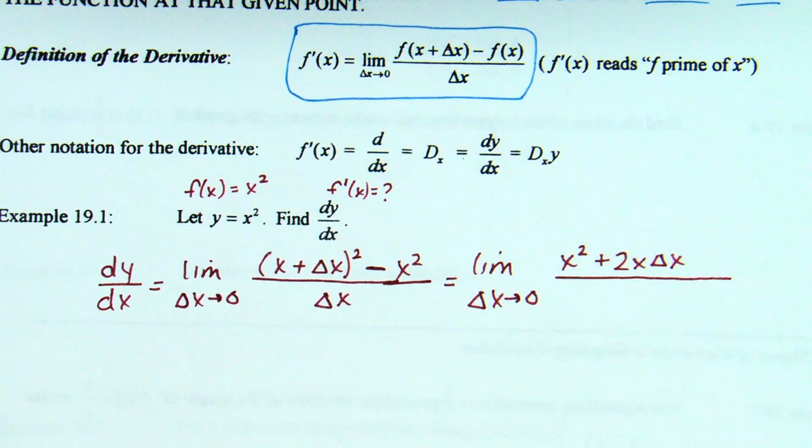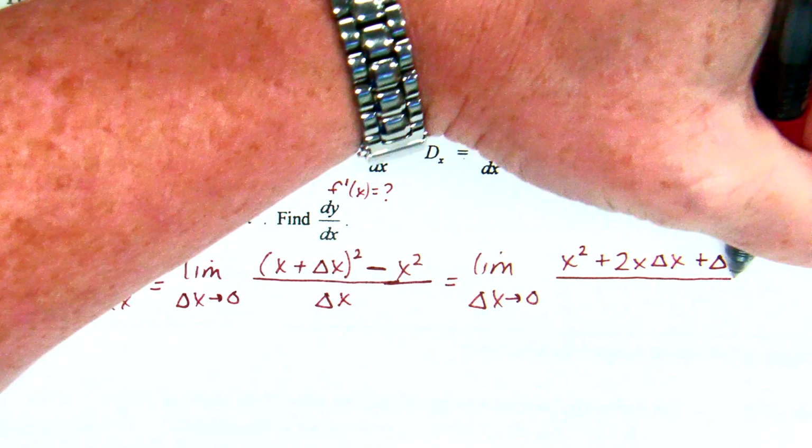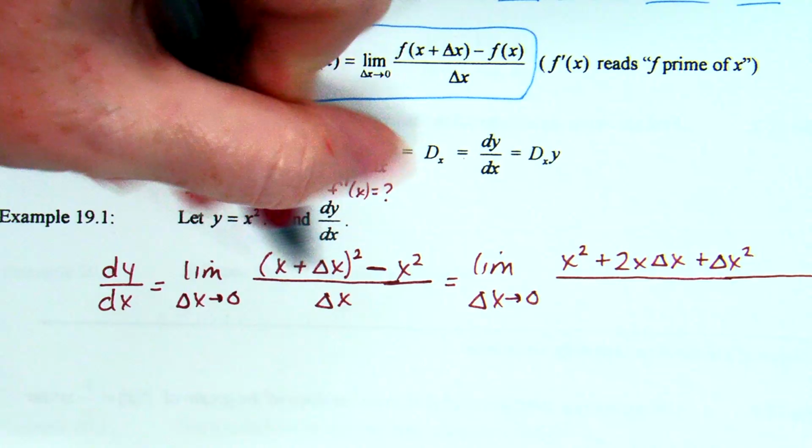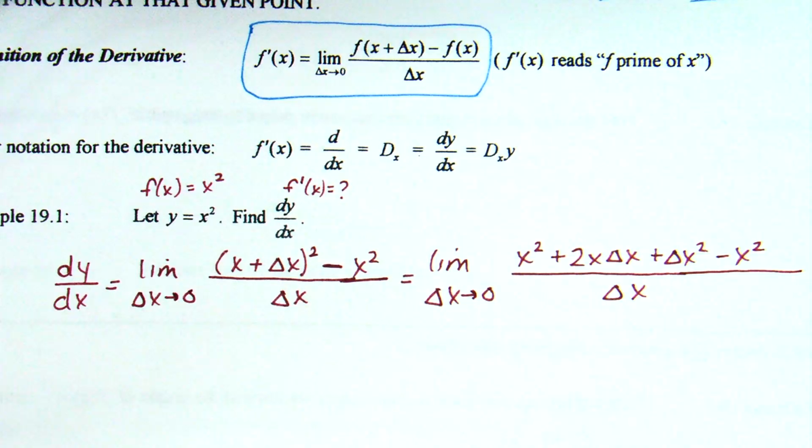Last, delta x times delta x is plus delta x squared. So that's from squaring it, and then we still have a minus x squared, all over delta x.